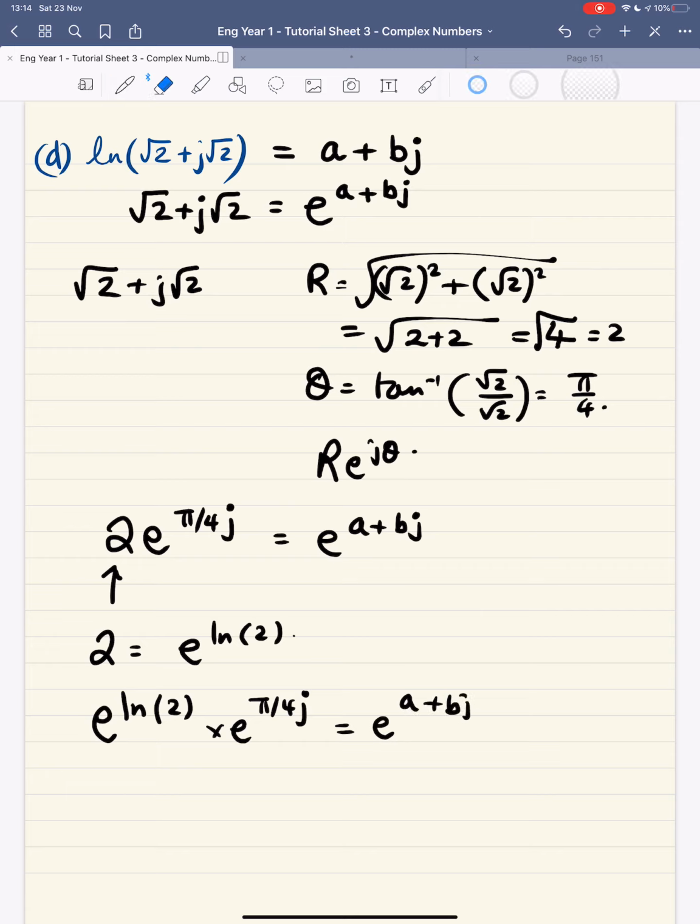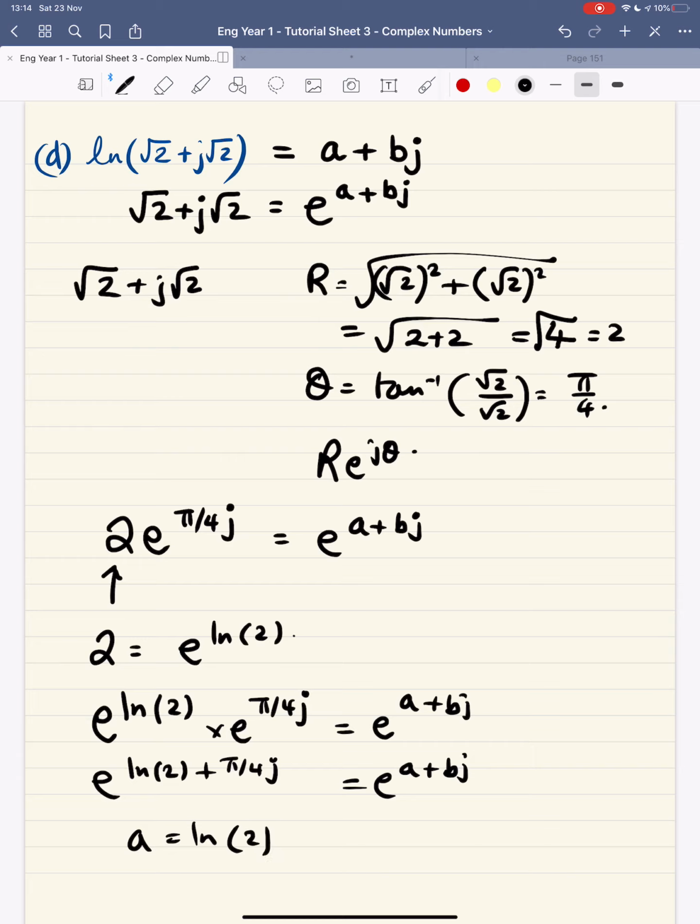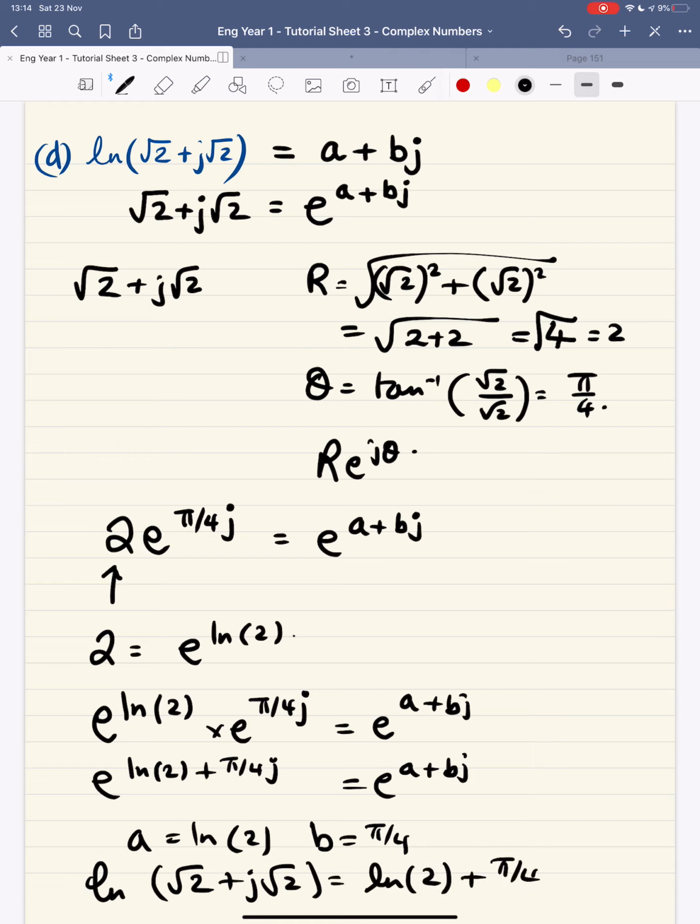So e to the ln 2 plus pi by 4j is e to the a plus bj. So a is ln 2 and b is pi by 4. So therefore ln of root 2 plus j root 2 is ln of 2 plus pi by 4j.